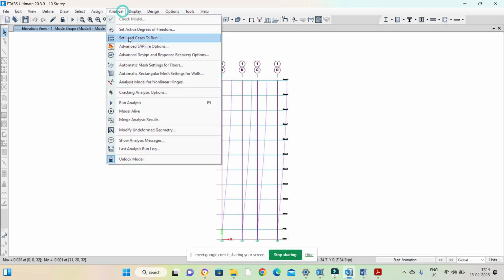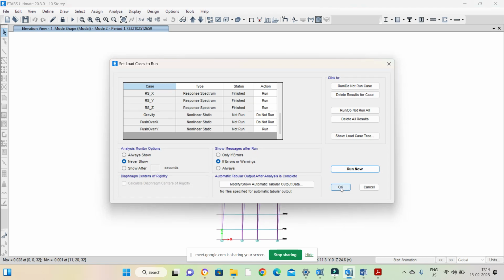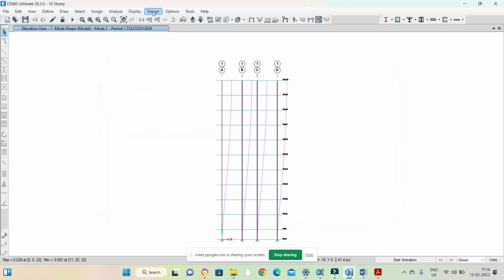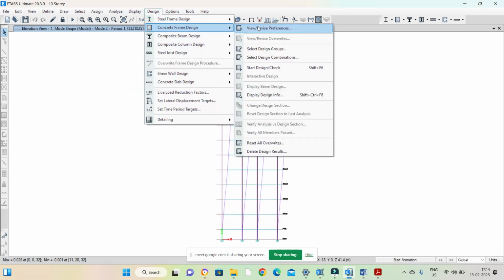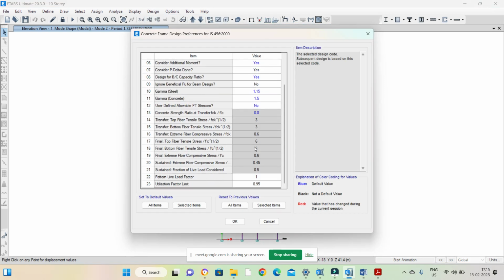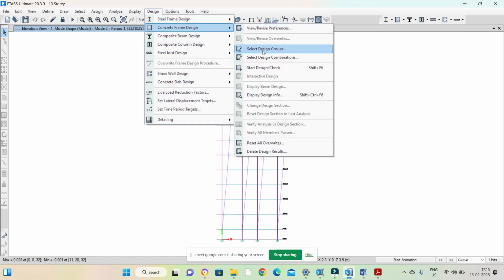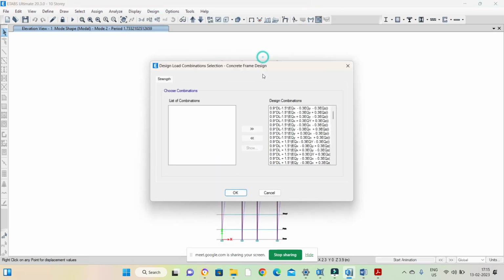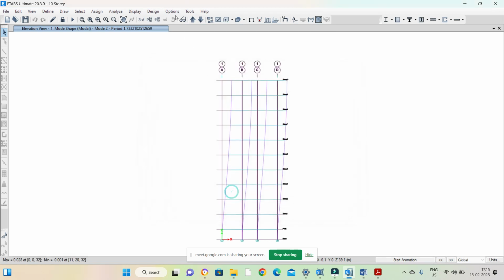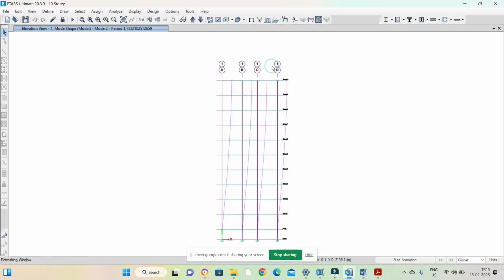So analysis is already done, we have done the analysis. Now what we'll do, we'll go to the design. These things already checked in last class. So let us quickly run the design.